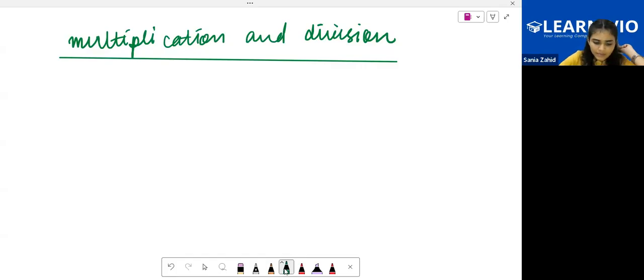Like I have -5 multiplied with 3. So what you will do? For -5 multiplied by 3, you are going to first of all multiply both the numbers. You have 5 and you have 3, so just multiply 5 and 3, you will get 15, right?